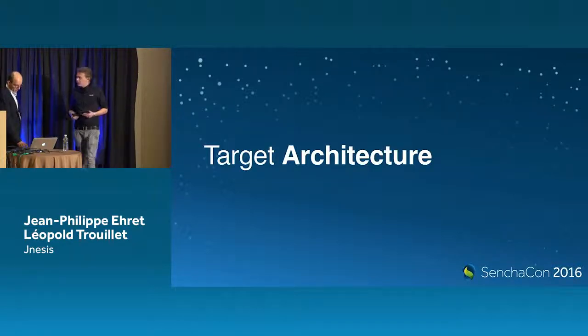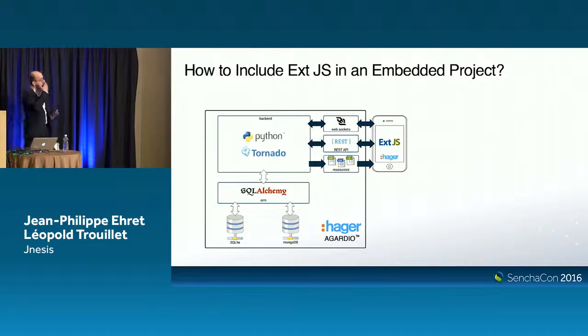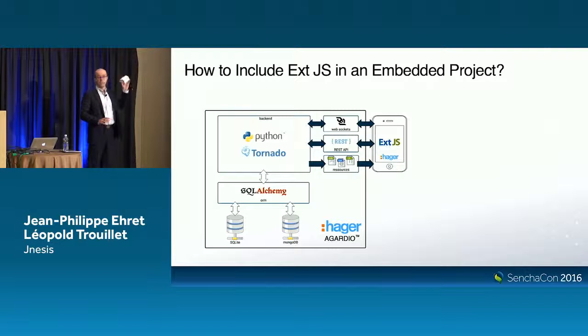So, target architecture. Let's talk a little about the software now. The application is composed of the box. In this piece of equipment, you have a little web server, a Tornado web server based on Python, and lightweight databases like MongoDB or SQLite.